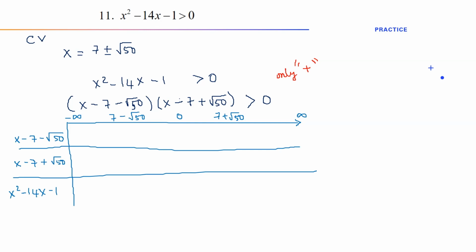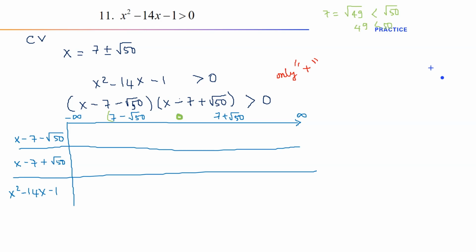I will use 0 here as my test point because I know that 7 can be written as square root of 49, and the square root of 49 is less than the square root of 50 because 49 is less than 50, right? So that makes 7 less than square root of 50. So when you take the smaller number and subtract the bigger number, you get a negative number.